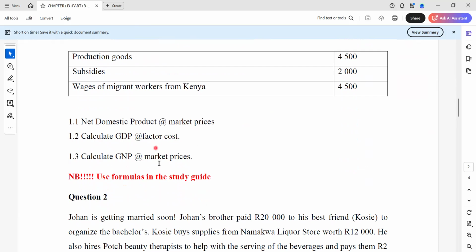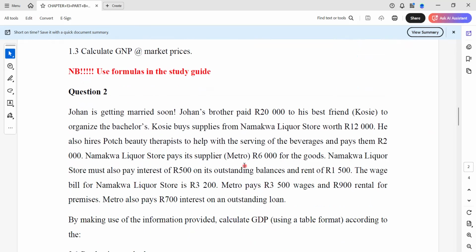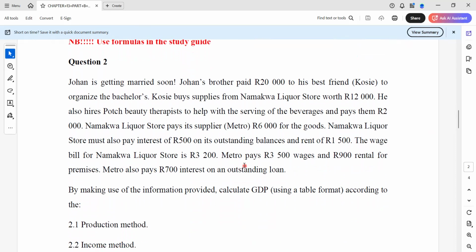So we said we're going to take our GDP, and then from the GDP, we're going to subtract the income which is earned by foreigners working in South Africa. And then we're going to add the income which is earned by South Africans that are working in the rest of the world, to get our GNP, and we got 1,500, right? Now let's go to question 2.